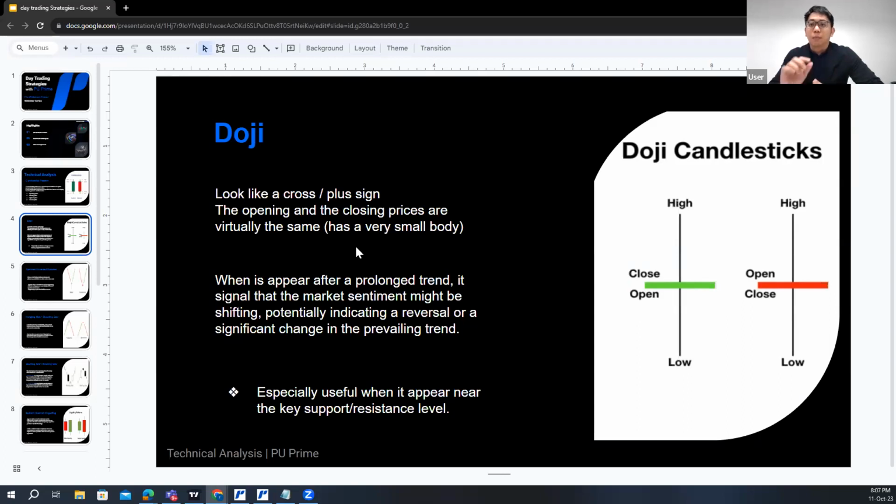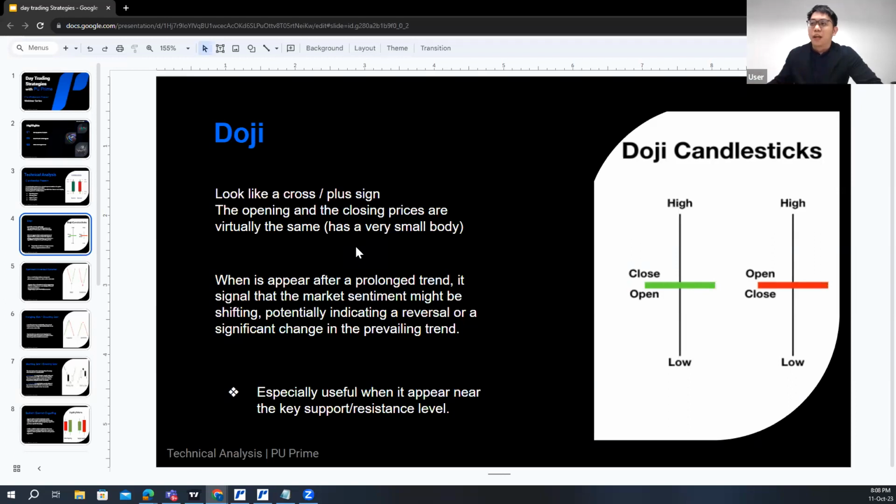When it appears at the peak of an uptrend, or at the lowest of a downtrend, it means the price of the asset might have a chance to change, a trend reversal. So this doji candlestick serves as a potential trend reversal signal.